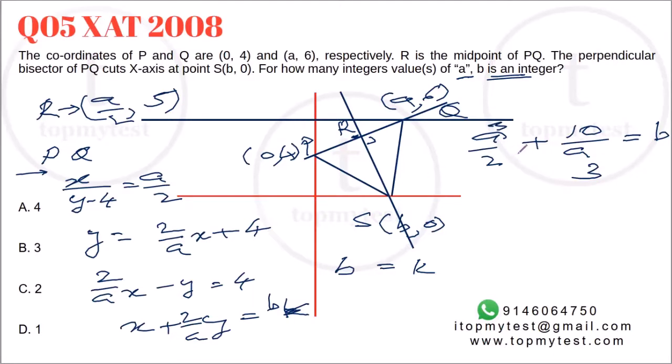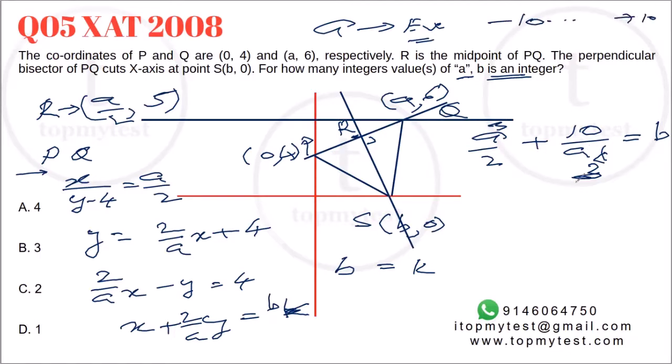And if a is equal to 1, 10/1 plus 1/2 does not satisfy. So a has to be an even number. Also, if a exceeds 10 or goes below minus 10, then it cannot be an integer, because 10 divided by 11 cannot be an integer no matter what you do here. So a has to be even and should lie between minus 10 and plus 10.